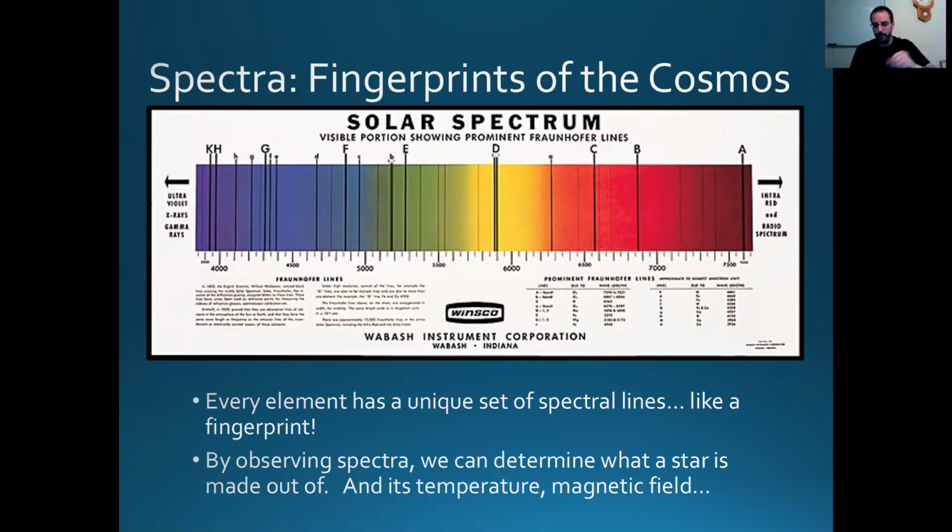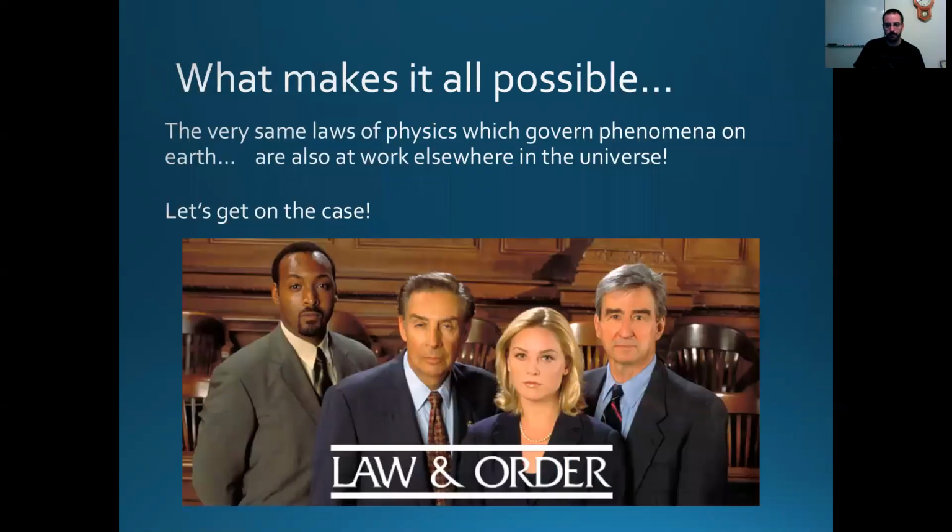We can put it in a magnetic field, put it in an electric field, high pressure, low pressure, high temperature, low temperature, and you can see how the spectrum changes. So you can make a direct comparison between things that occur in the lab and things that occur on distant stars and even distant galaxies. And not just what's there, but also temperature, pressure, magnetic field, all of these other things.